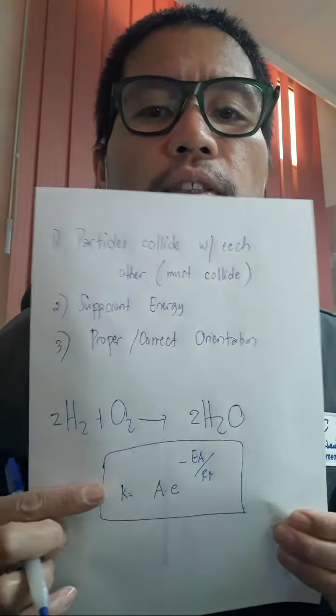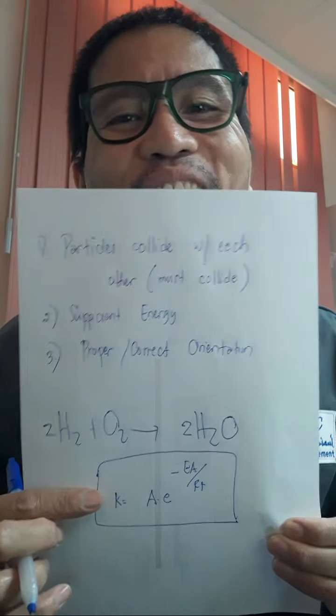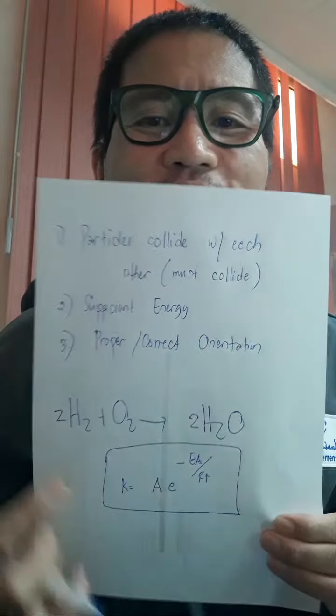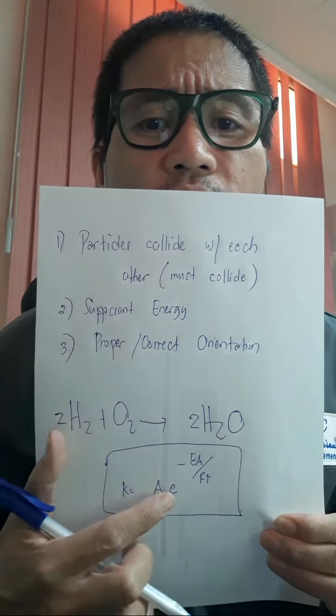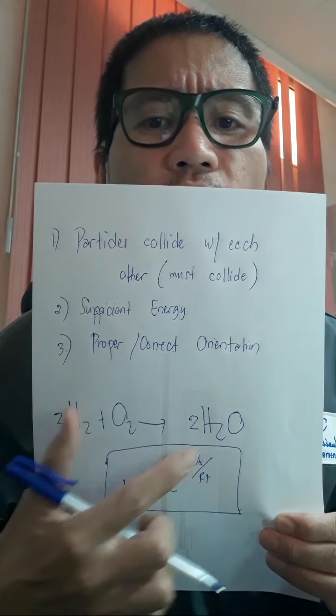As you can notice, this is the rate constant, the collision frequency. It is equal to the pre-exponential factor A, and e to the negative Ea over RT, where Ea is the activation energy.